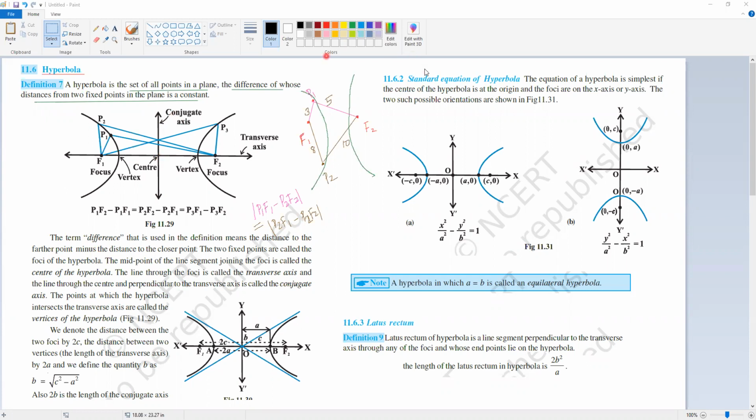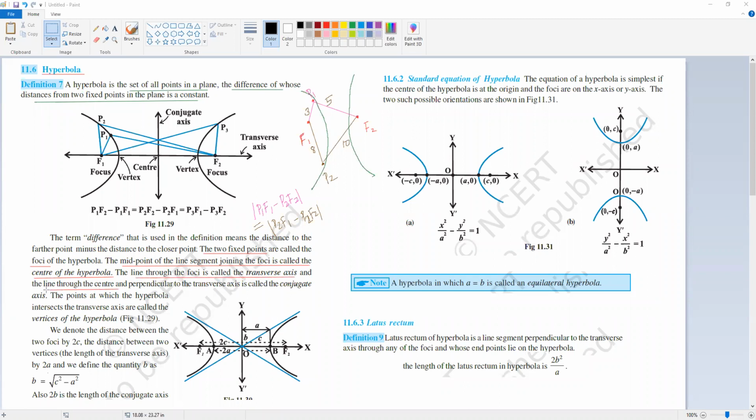So these are the terms. In the ellipse there were the major axis and minor axis. Here the two fixed points are called foci. The midpoint of the line segment joining the foci is called the center of the hyperbola. The line through the foci is called the transverse axis.